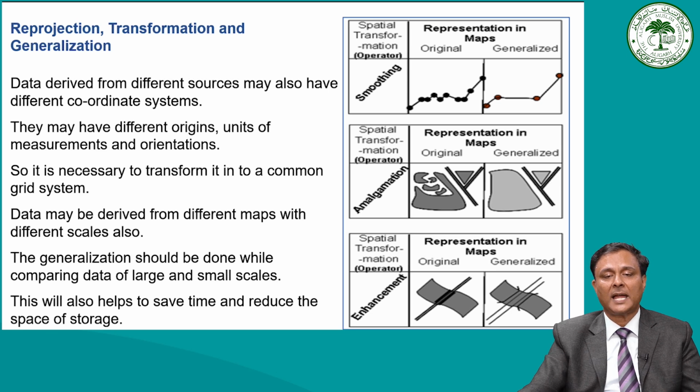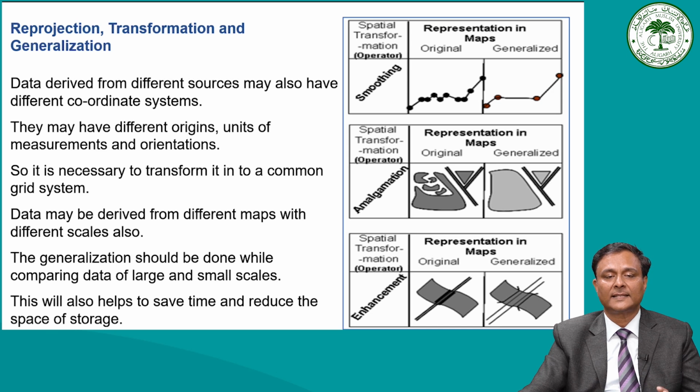When we generalize a map, some data loss is an issue, but it is necessary with comparison of different scale maps. Instead, a compaction technique could be used, it will help to reduce the space without any data loss.